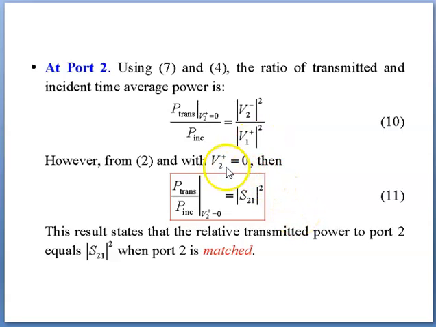With V2 plus equal to 0, P transmitted over P incident will give you S21 squared. So you can summarize that the relative transmitted power to port 2 equals S21 squared when port 2 is matched.